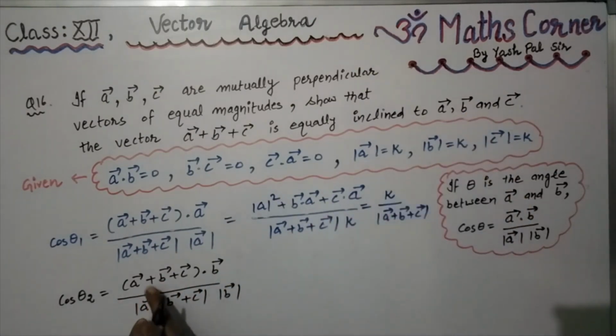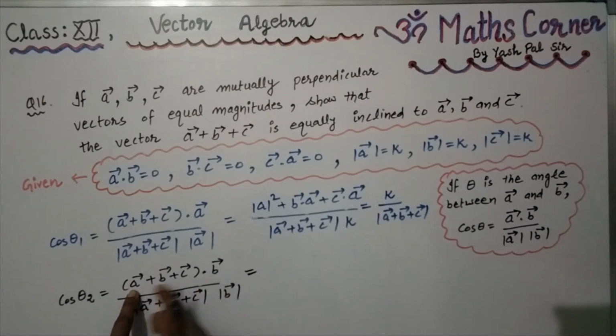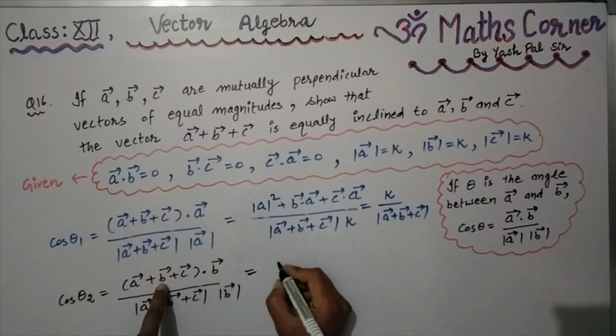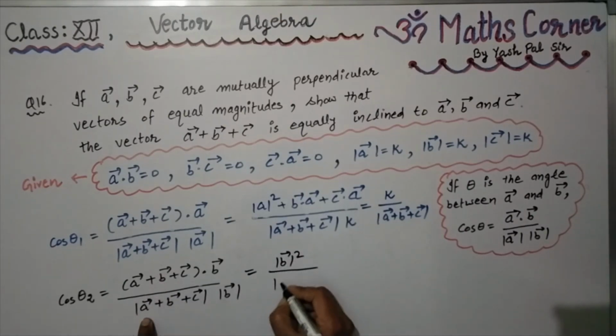Similarly, if we suppose theta 2 is the angle between A plus B plus C and B, then we write cos theta 2 is equal to A plus B plus C dot B vector divided by magnitude of first vector into magnitude of second vector.